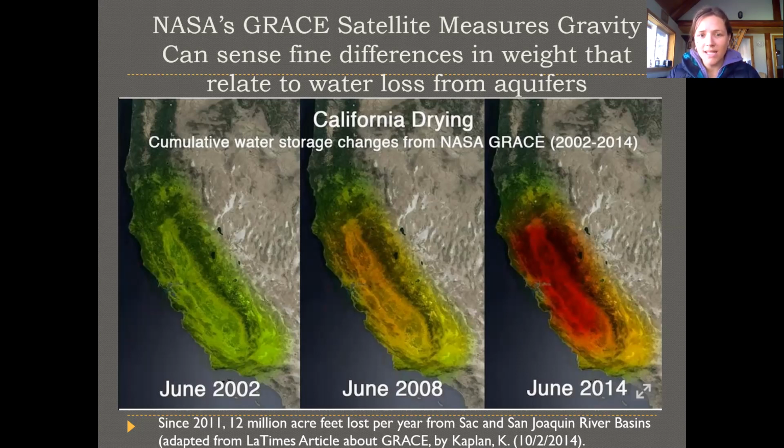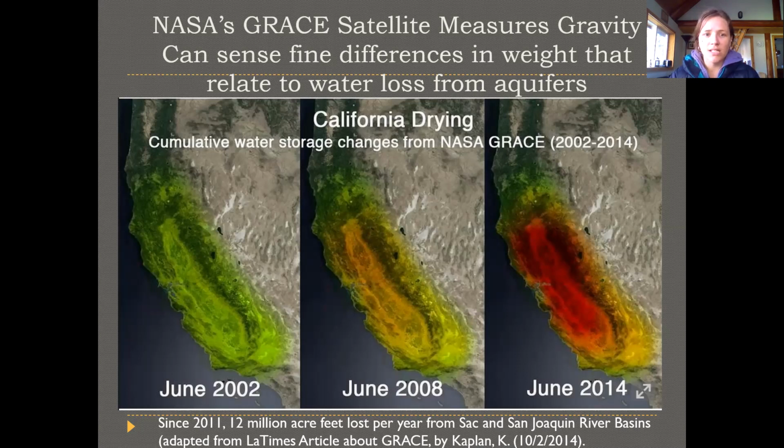There's this one satellite called the GRACE satellite that has been flying around trying to get a sense of how much water is underground. They've been doing this in places like California as well as other places. And we can see that the cumulative water storage under the ground has unfortunately been depleting over time.